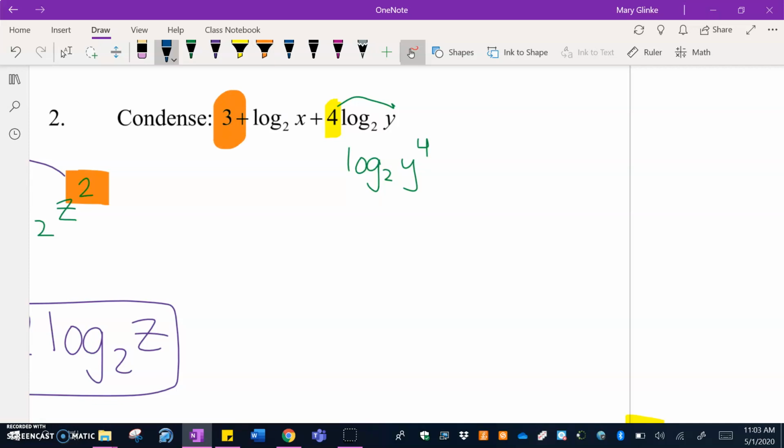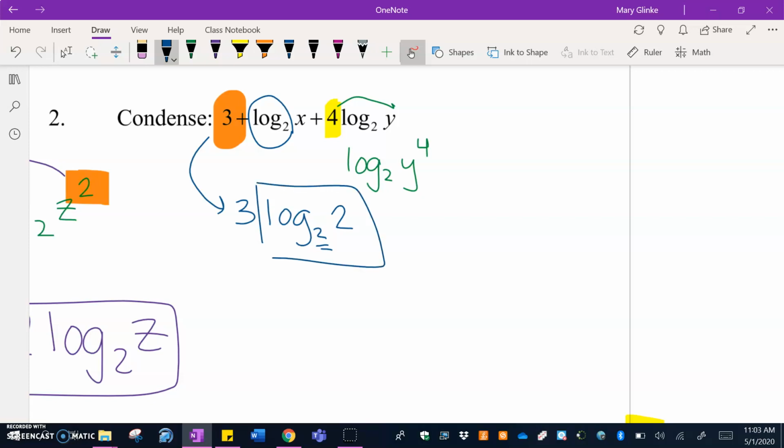So here's my recommendation with a whole number like this. When you have that whole number, I want you to take that log that you have, log base 2, and write whatever the base is inside the logarithm. Okay, so log base 2 of 2. And so this log base 2 of 2 is really just 1. So 2 to what power equals 2? It's just 1.